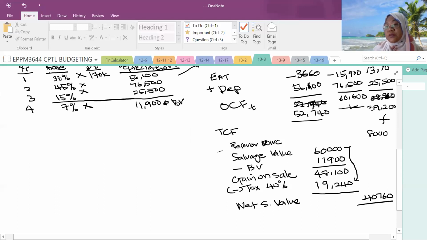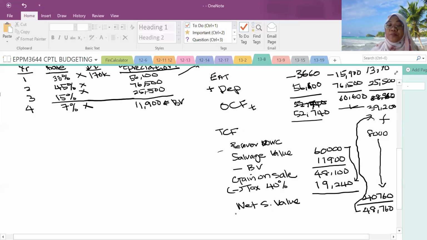All right, and you are going to add this net salvage value and the recovered net working capital. And on top of that, you are going to add this terminal cash flow to the operating cash flow.